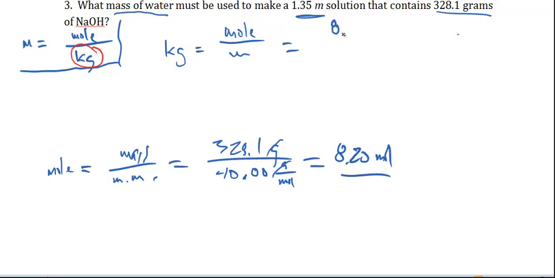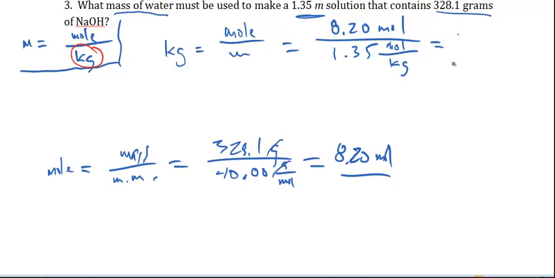So we just put that into our expression. We know we have a 1.35 molal solution, and I'm going to be very explicit with my units here. Remember that molality is moles per kilogram. Instead of writing M for molality, I'm going to break it out into moles per kilogram so that you can really see what's going on with the units.